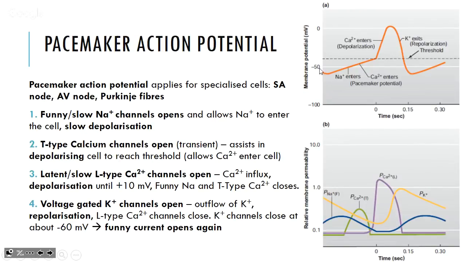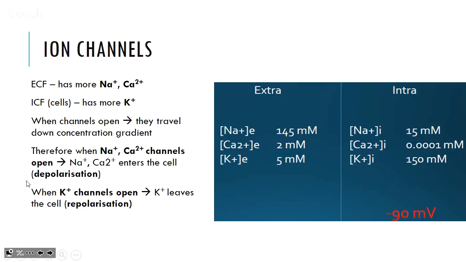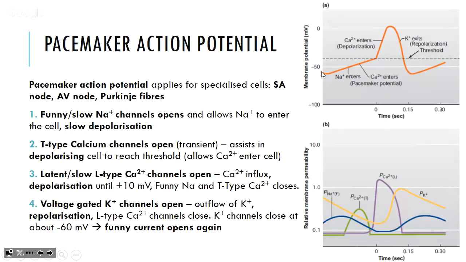As you can see, for the pacemaker action potential, you have a funny channel already open. This is sodium entering, and because we know it causes depolarization, it will be going up slowly. Then a calcium channel also opens, so it will continue going up, and then another calcium channel opens.